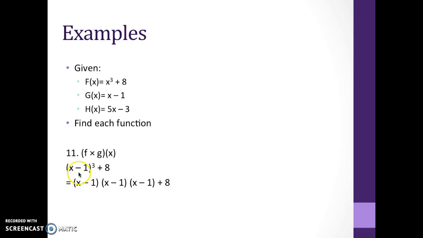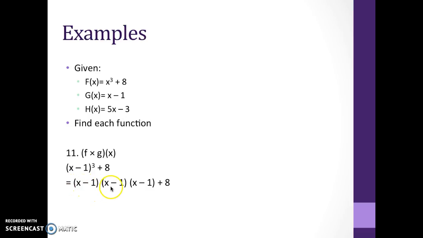Next, we have to make sure we don't just cube x and cube 1. We have to set each binomial apart. So we put 3 binomials of the same thing: x minus 1, x minus 1, and x minus 1. Then we have to solve each one.